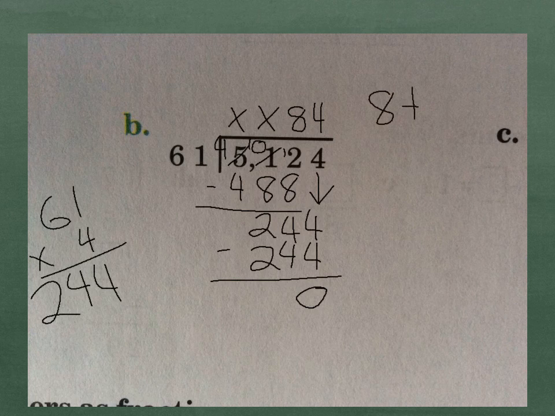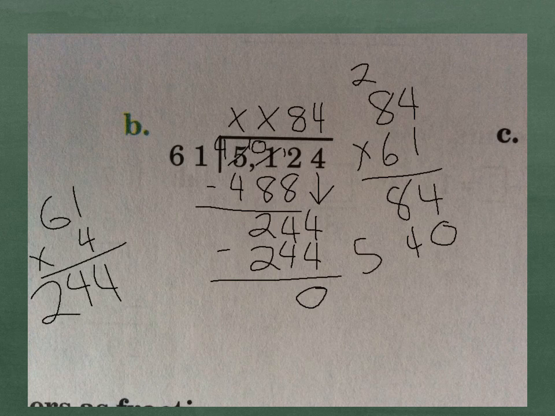84 times 61. 4 times 1 is 4. 1 times 8 is 8. Put our 0. 6 times 4 is 24. 6 times 8 is 48, plus 2 is 50.